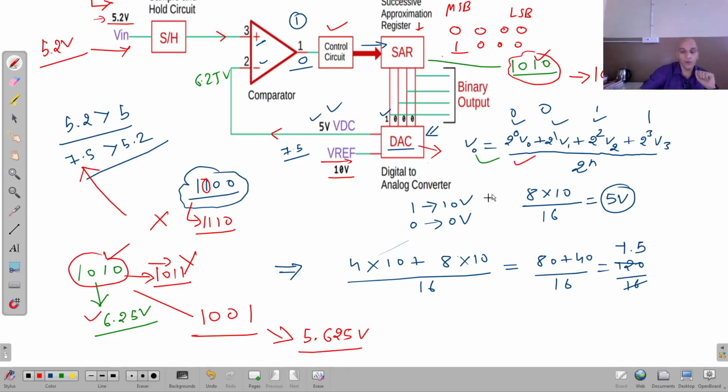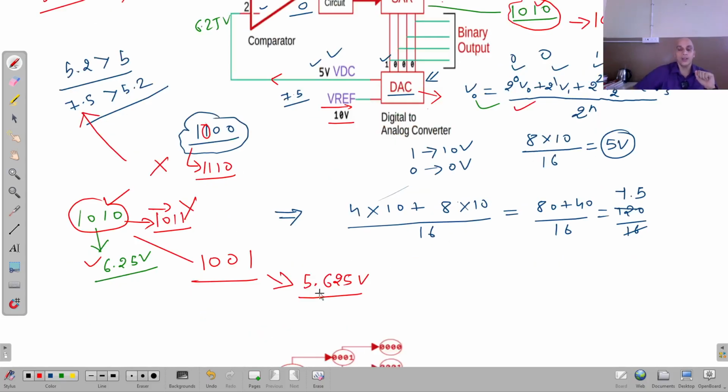Now if you look at this 5.625 volt, again this value is higher than 5.2 volt. Once again I am repeating: if this value was less than this, then it would have progressed in this way, to 1010.